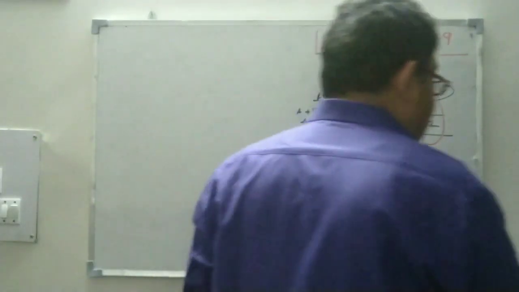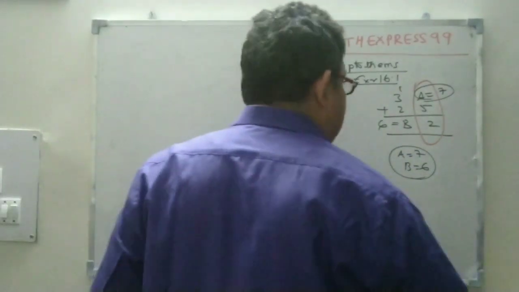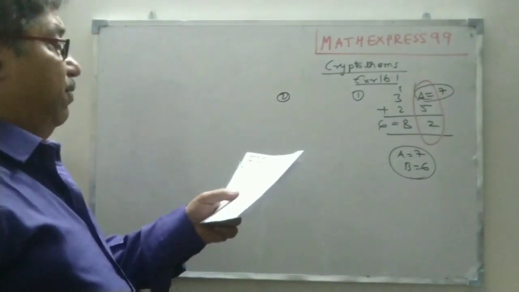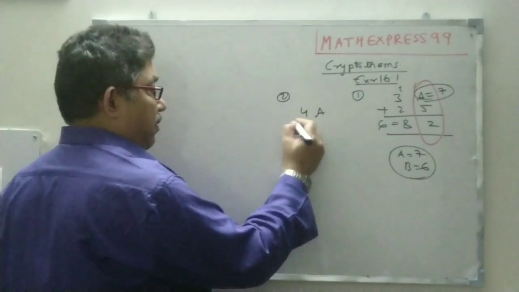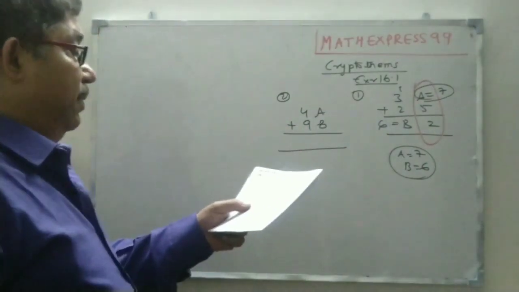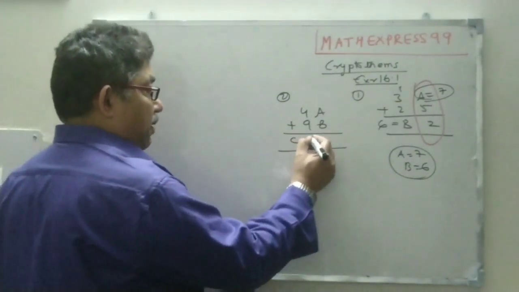Okay. Let us take the next one. Question number 2. It says 4A plus 98, CB3.